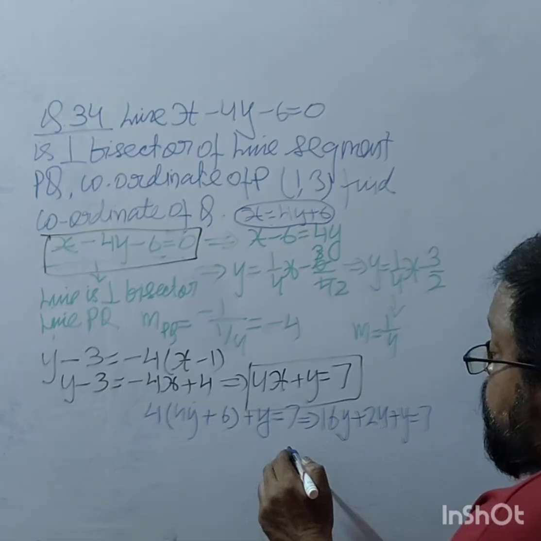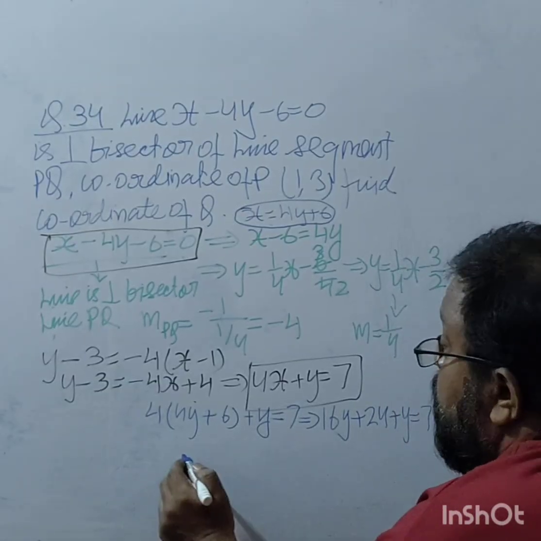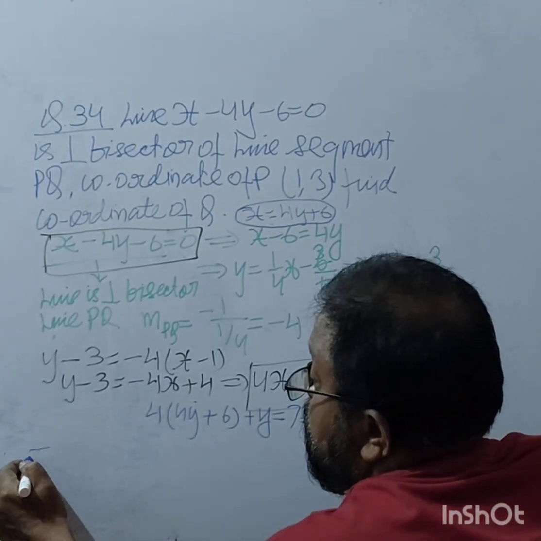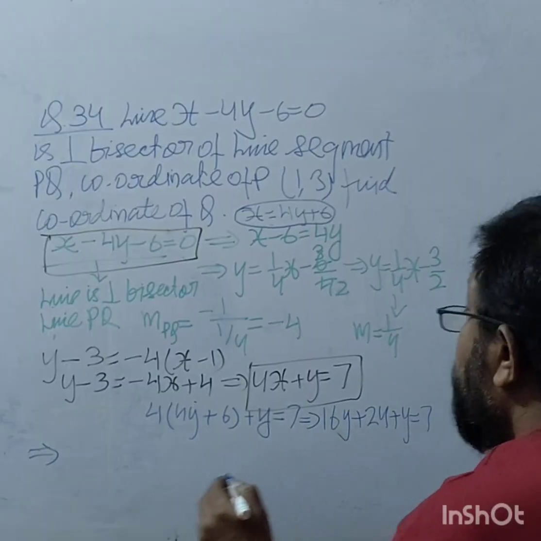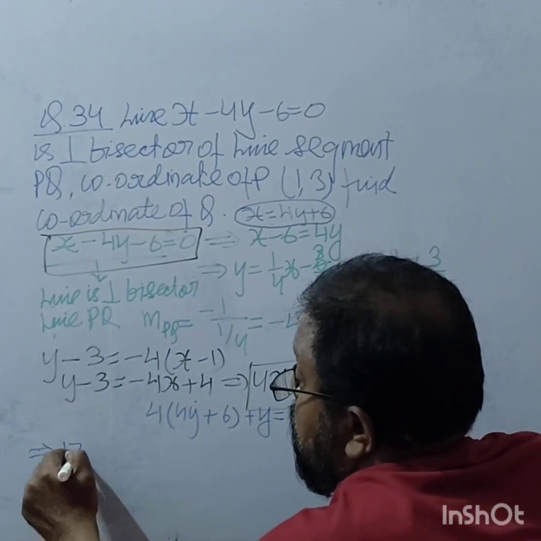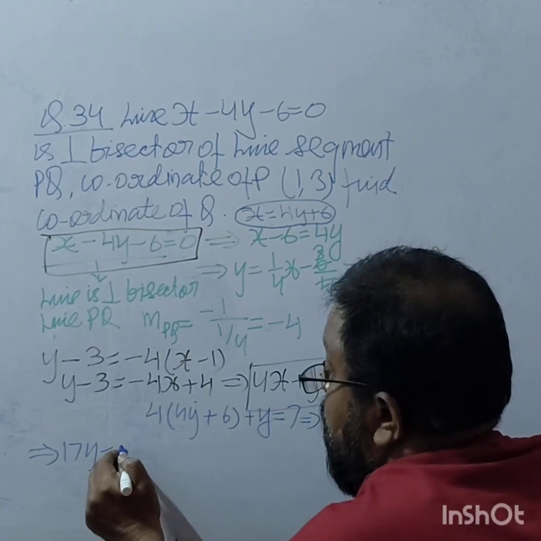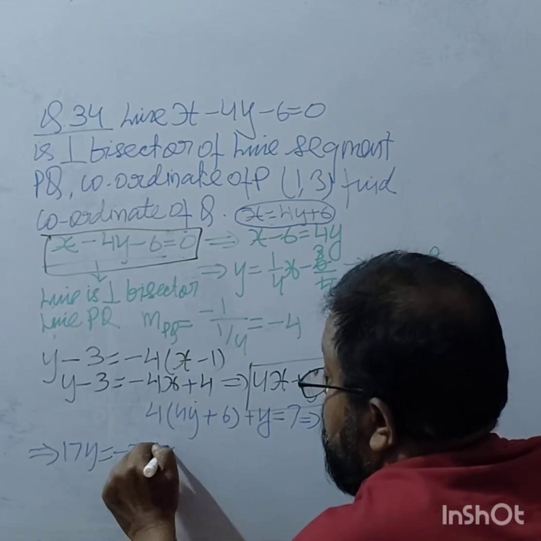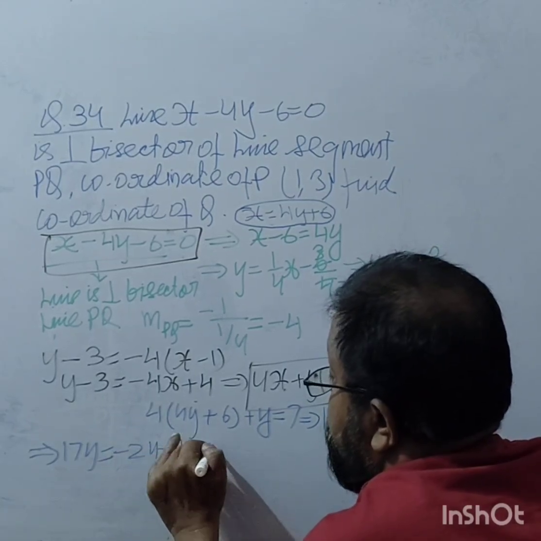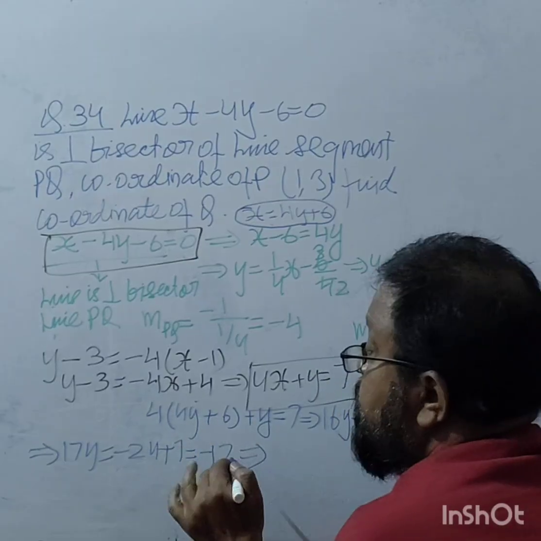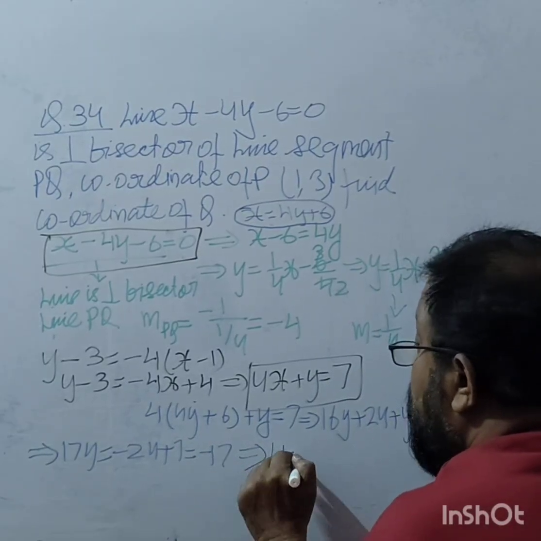So it becomes 17y is equal to minus 24 plus 7, minus 17. So we can say y is equal to minus 1.